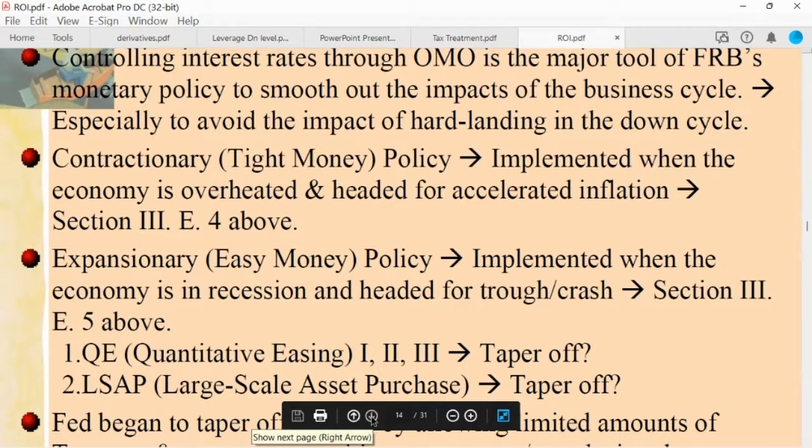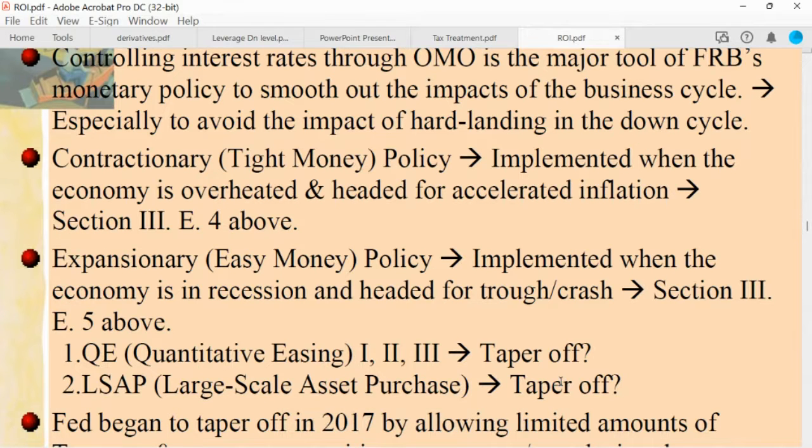So they had to do large-scale asset purchase. And every time they implemented QE, there was always this question about whether they were going to taper off this time.